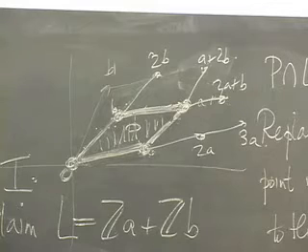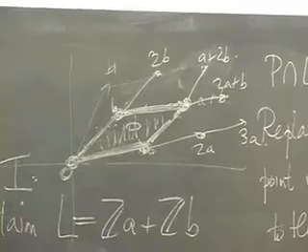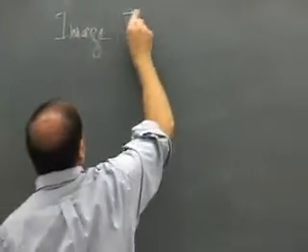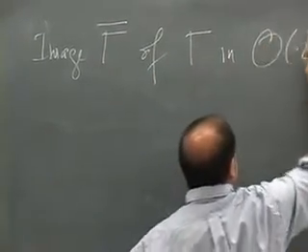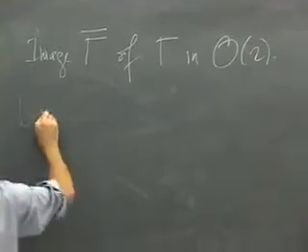Now, surprisingly, this stuff, which looks like, oh, well, we've just done the translations, well, we're almost done. Because now we consider the image gamma bar of gamma in O2. And here's the key lemma that we're going to use here.